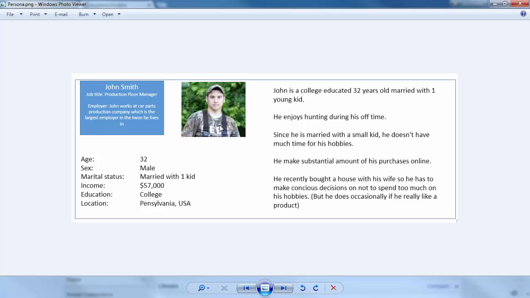And we can come up with articles based on different stages of the buying funnel. If it's at the early stage, it can be something like how to find quality clothing for hunting. And then the middle part will be which brand is the best hunting clothing.